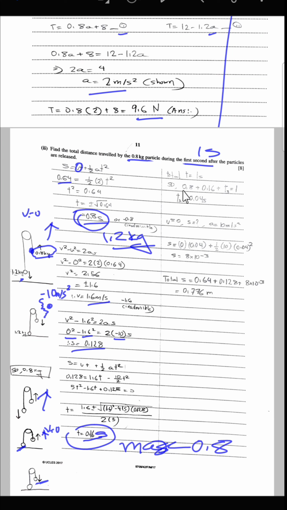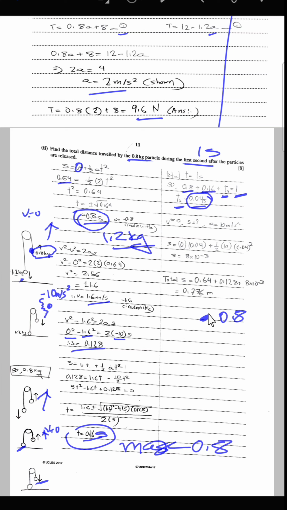That means in total we have covered 0.8 plus 0.16 second, and in total we need to cover 1 second. Thus the extra time, t3, is 0.04 second.